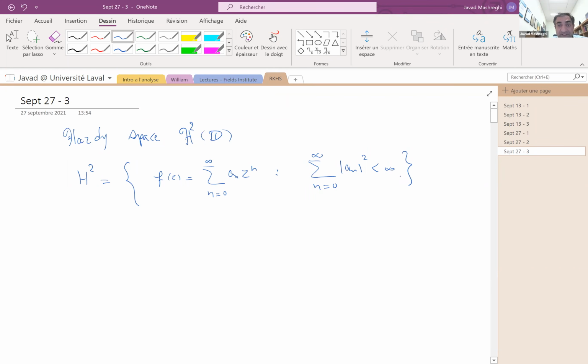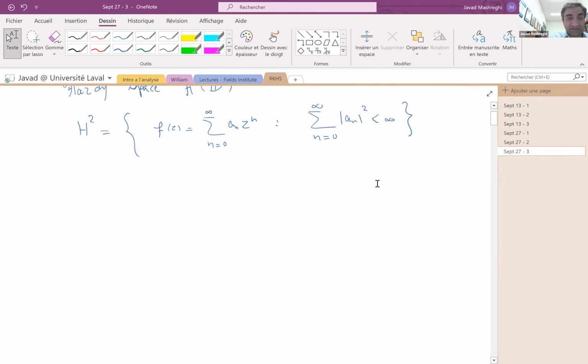So this is a power series with a restriction on the coefficients. It is easy to see that the restriction implies f is analytic on the open unit disk. And I show more than that: I show evaluations are continuous.